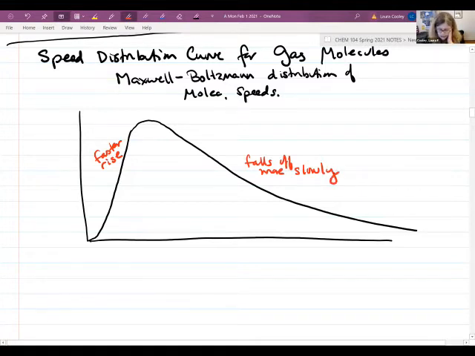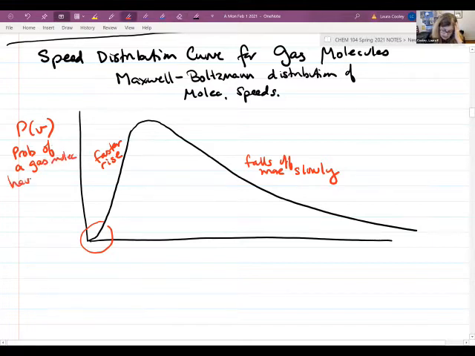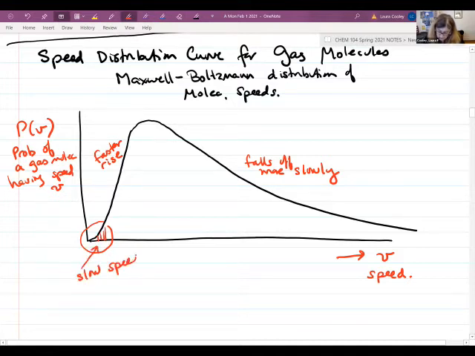But it still has that property that, let me just write, this would be P of V, the probability of a gas molecule having speed V, okay? And this is versus that speed. If you go to low values, these are very slow speeds, and there are few molecules, meaning you have very low probabilities here.